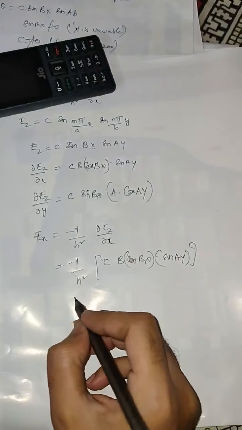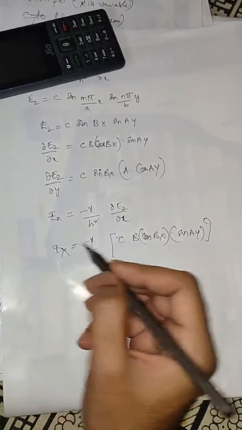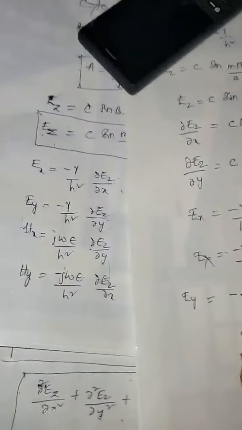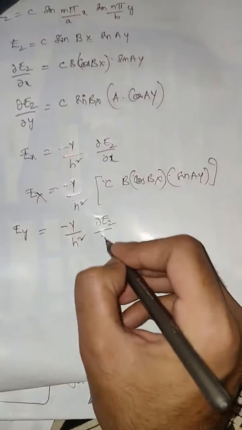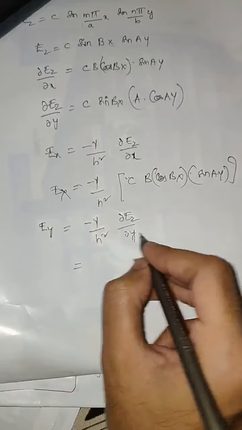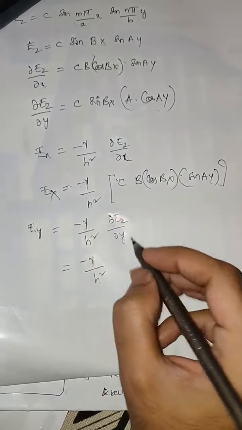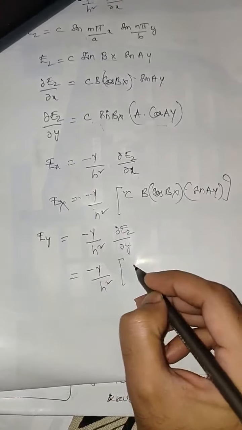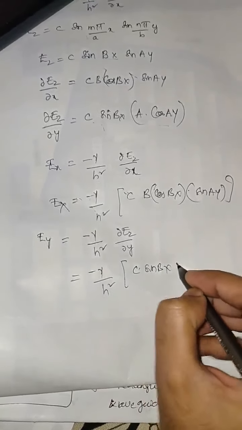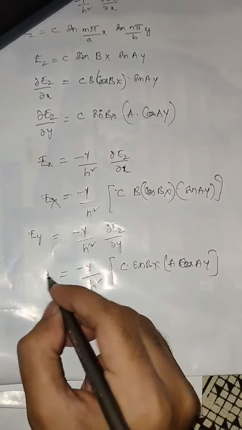So this is the value of Ex. For Ey the value is minus gamma by h square del Ez by del y. We have already derived del Ez by del y, so substitute this value here: C sin bx a cos ay. So this is the value for Ey.